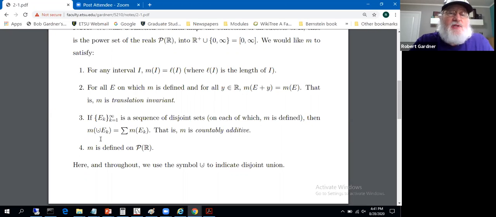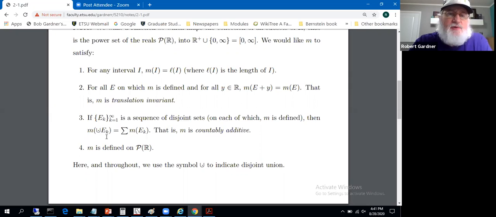This might look somewhat familiar. Some of these things will in a setting of probability. Probability is an example of a measure. Theoretical probability is all about measure theory. It's a branch of measure theory, in fact. So you'll see some things that remind you about dealing with events, and we might have a union of disjoint events, mutually exclusive.